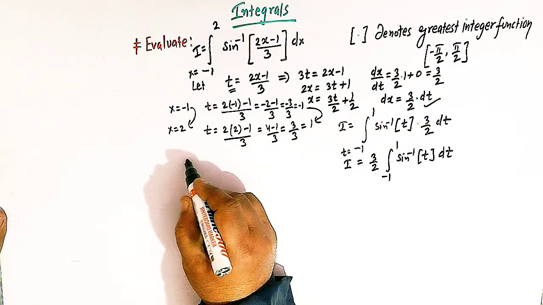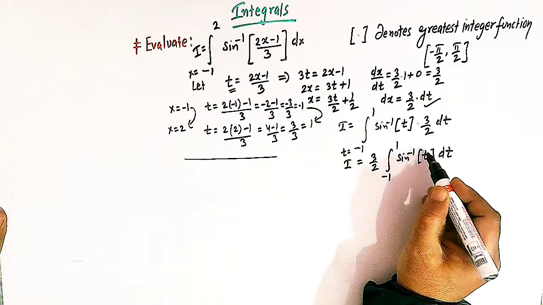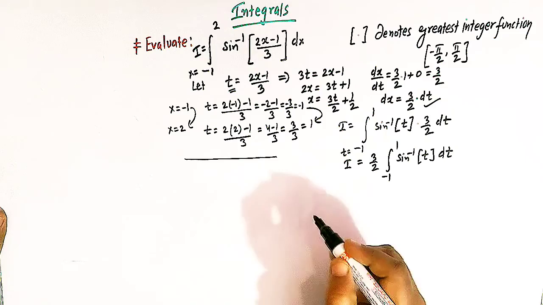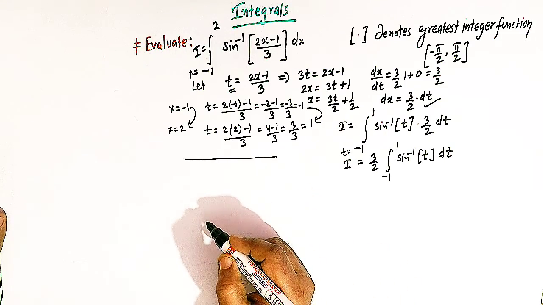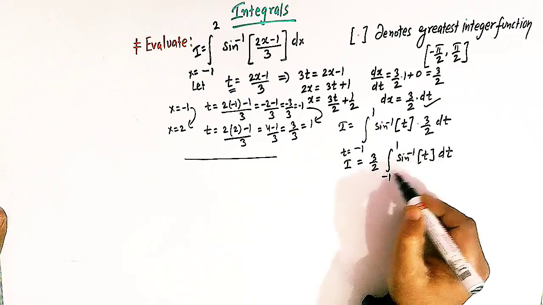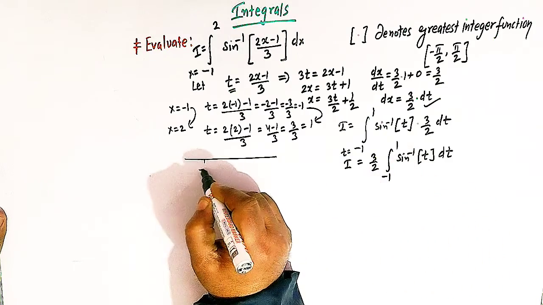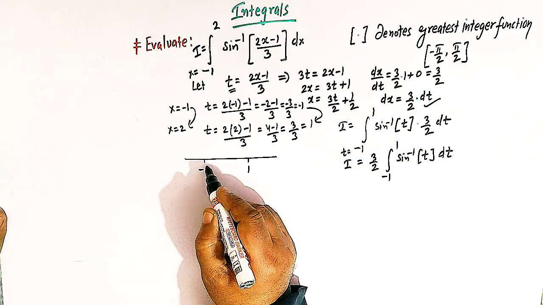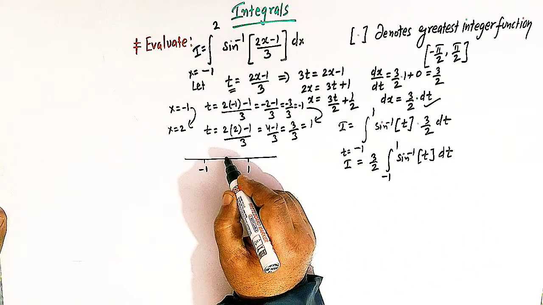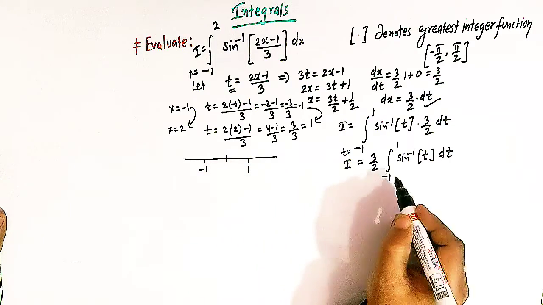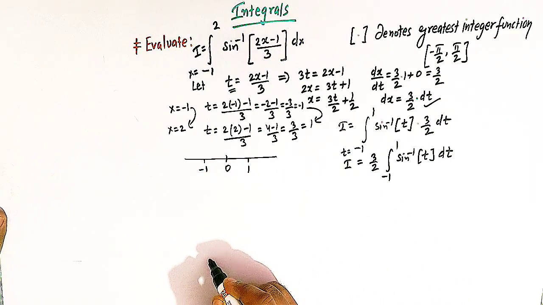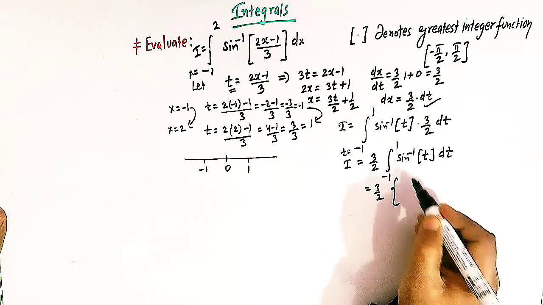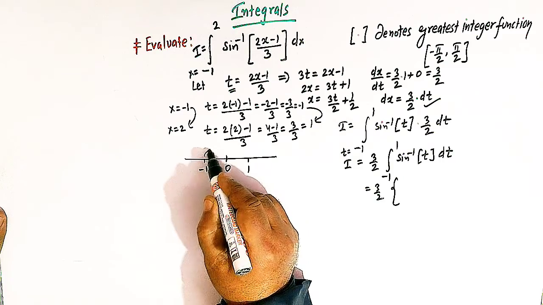Now see, whenever we come across the greatest integer function, our prime objective is to search for integers. Here the variable t goes from -1 to 1, and we can easily see that between -1 and 1 we have only one integer, that is 0. So we will break this integral into two parts.